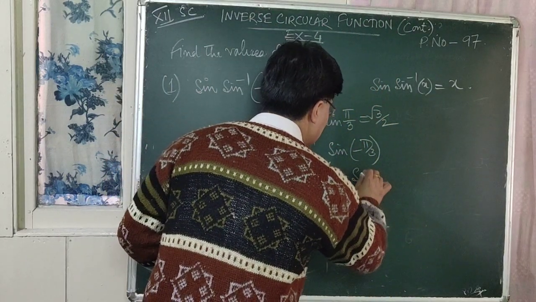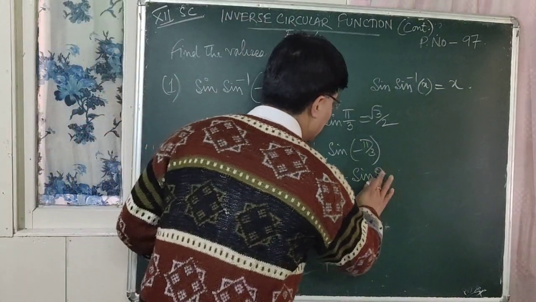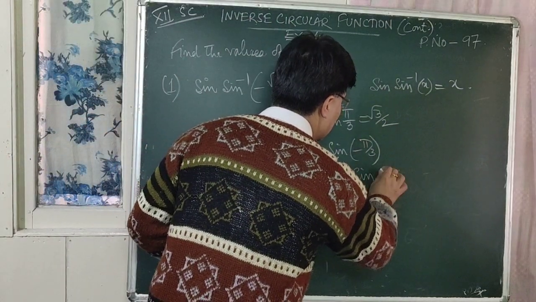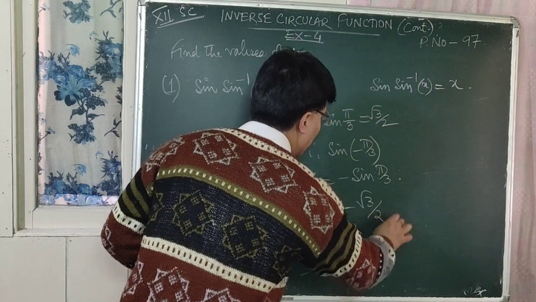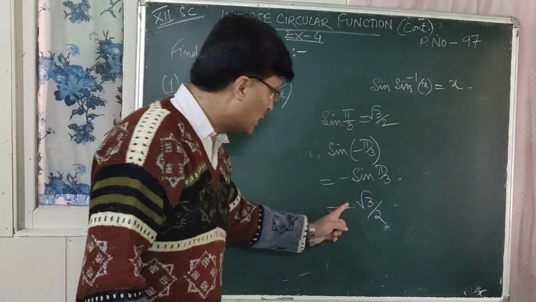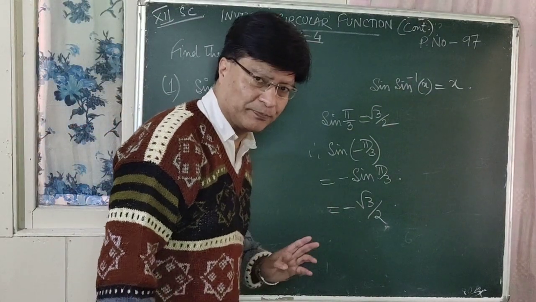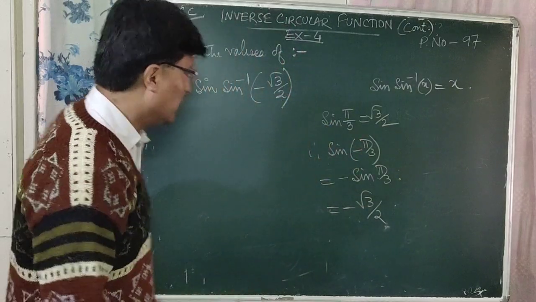So it is minus sine theta. Here what is theta? It is pi by 3, which is equal to minus root 3 by 2. Is that clear to all of you? So instead of minus root 3 by 2, you may write sine of minus pi by 3.